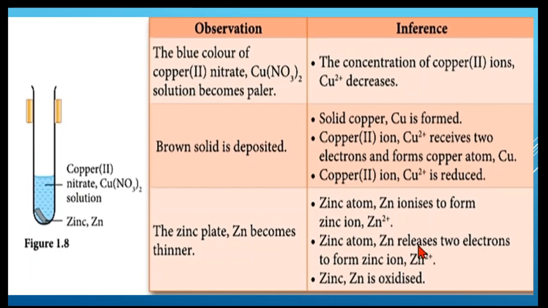So di sini bila dia release electron, the zinc is oxidized ataupun undergo oxidation. Right? Okay? So maksudnya di sini displacement reaction telah berlaku. Okay, apakah itu displacement? Okay, penggantian, displacement.